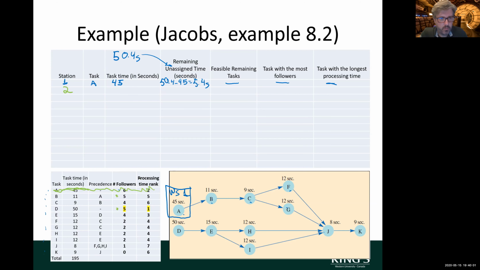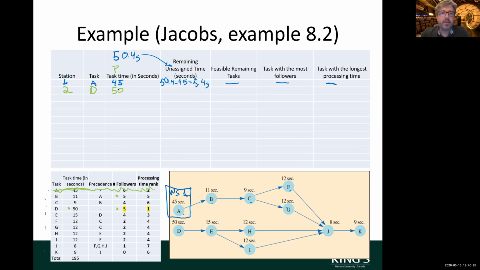So the one with the longest task time is activity D, task D. So I'm going to put task D right there. So how long does D take, the processing time? Let me call this processing time P. So the processing time P over here is 50 seconds.